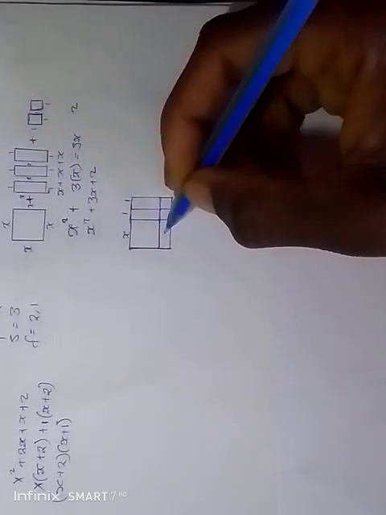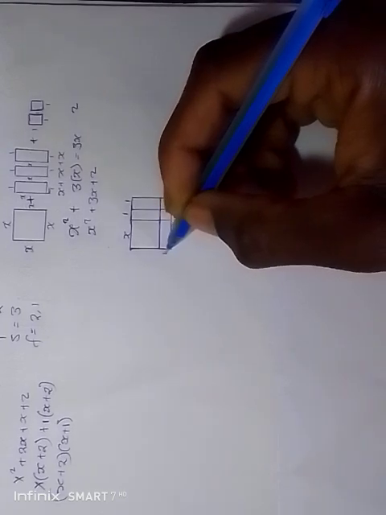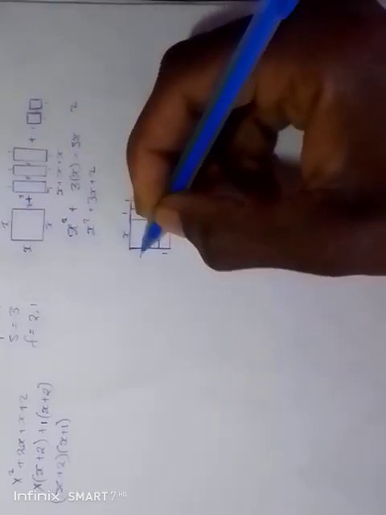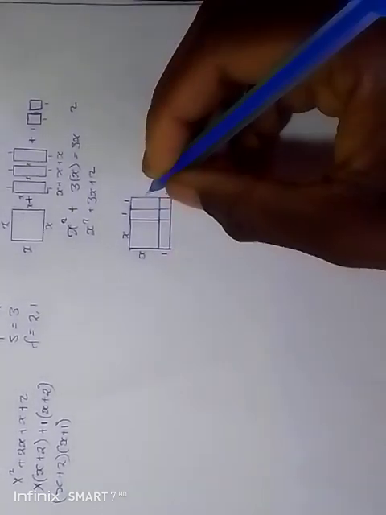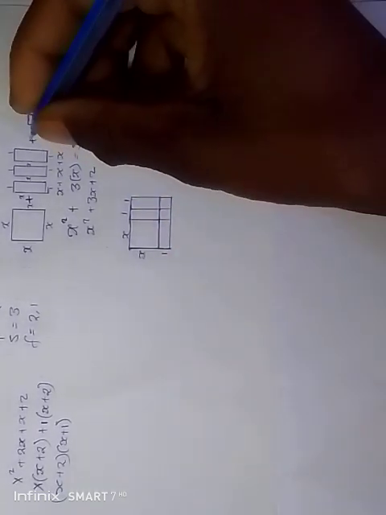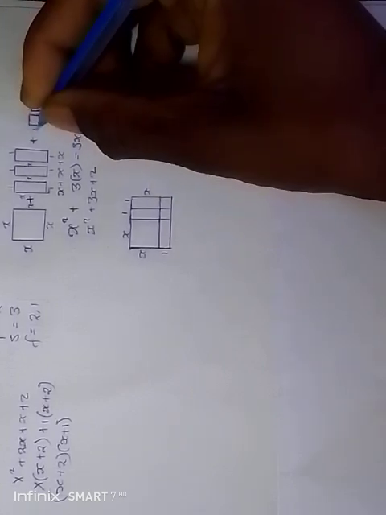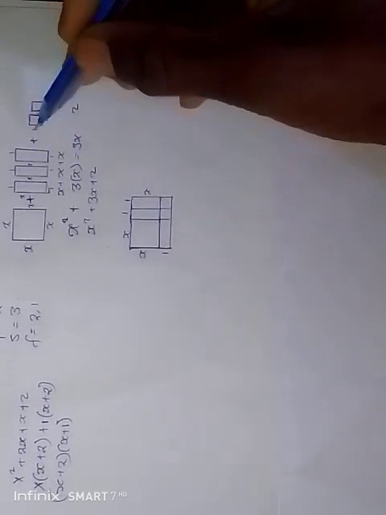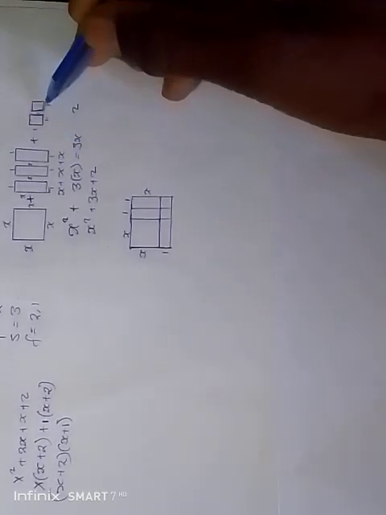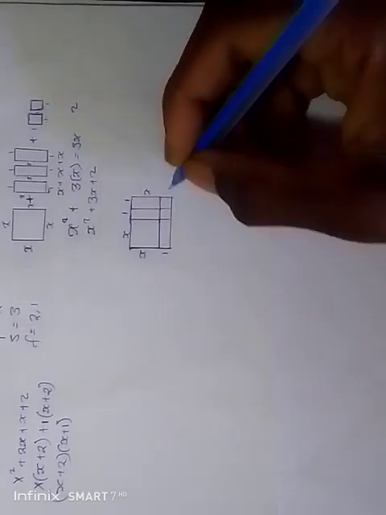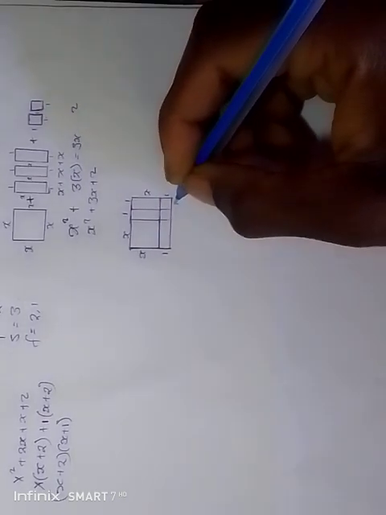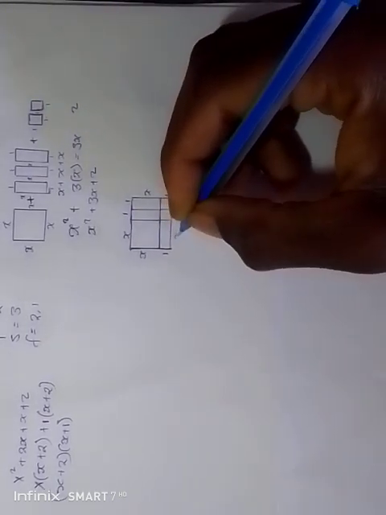And this one, which is down here, it's also a 1. So even here, it's x. Same applies to this side. This side is also x. And this is 1. Remember, this is a square. We said it is 1 by 1. And also this one is 1 by 1. So we are going to say 1, 1, and 1. This one, it's x.